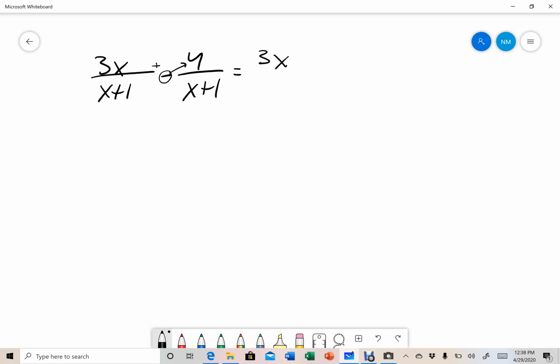So I've got 3x over x plus 1, plus negative 4 over x plus 1. My denominators are still the same. I've just applied this negative sign to my 4, and I add them together. Once I change my sign from subtraction to addition, then I'm combining over the same denominator.